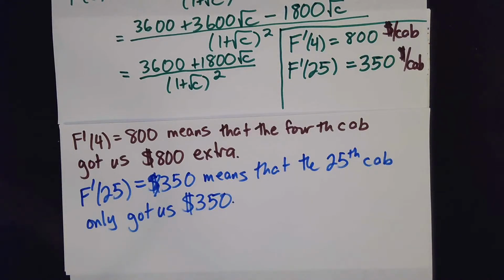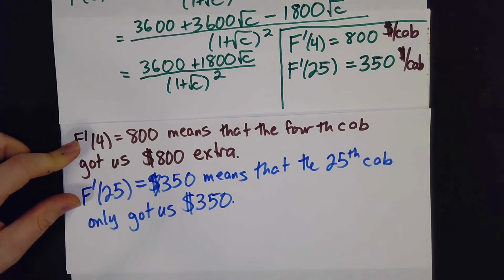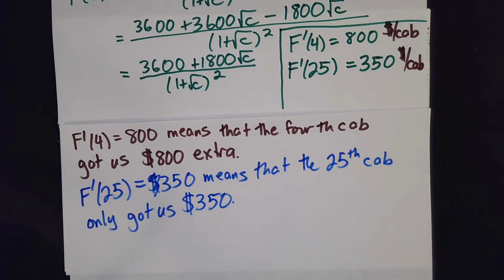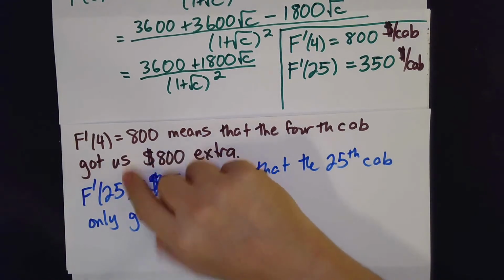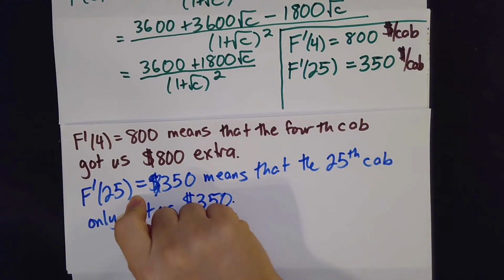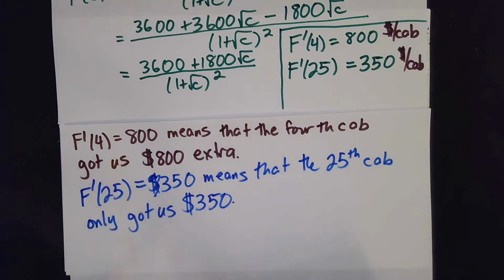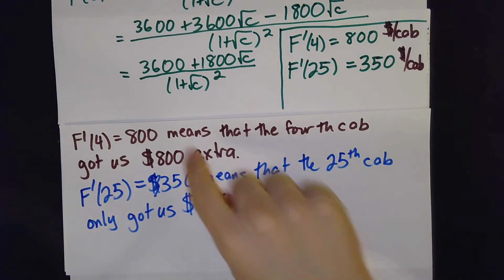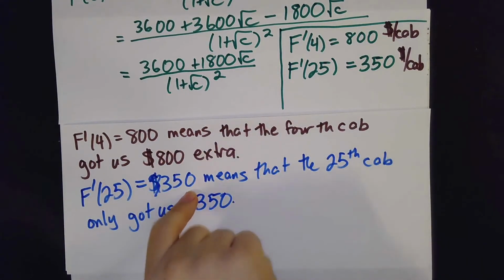And this is actually pretty sensible because the more cabs you put out in the city, the more you saturate it with cabs, and then the less additional fares you're able to get. But you can see, even just in this small window going from 4 to 25, the fares being collected by our last cab have gone down by more than half.